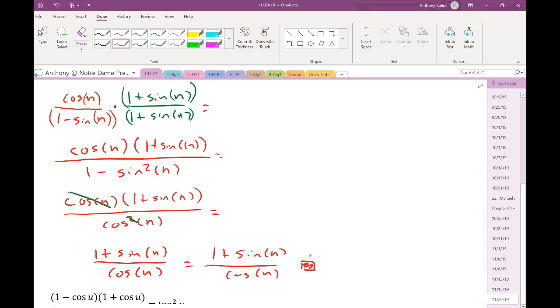So you can start on the left side or the right side. It doesn't really matter, but you're only going to work on one side. That was the very first thing on our list.